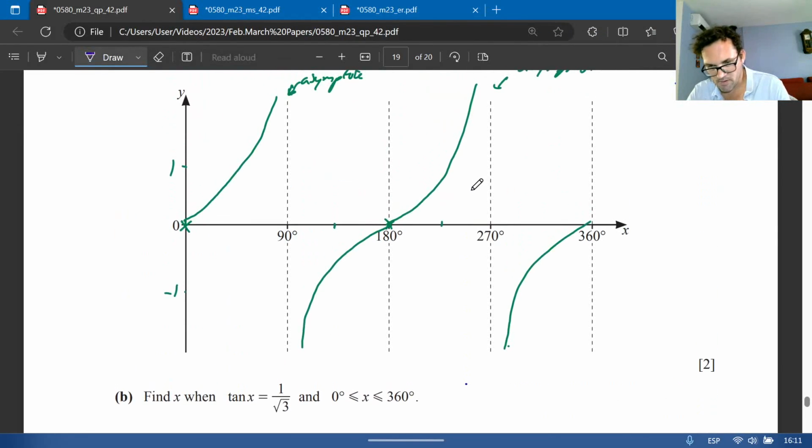If that's 1, 0.577 would be around there. So if I were to go across here, what is the angle we'll find there? That's the question. What tan x equals gives us 0.577.